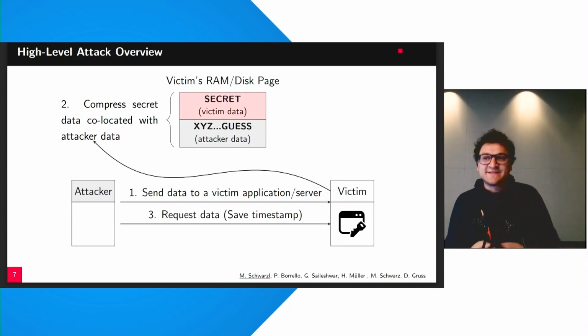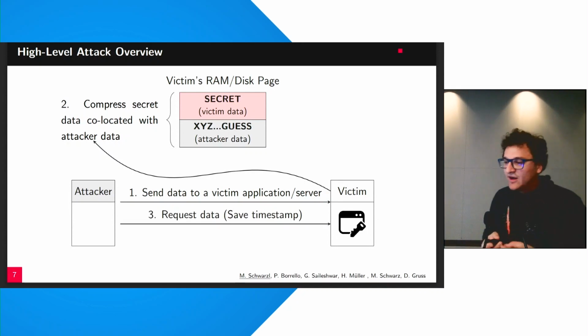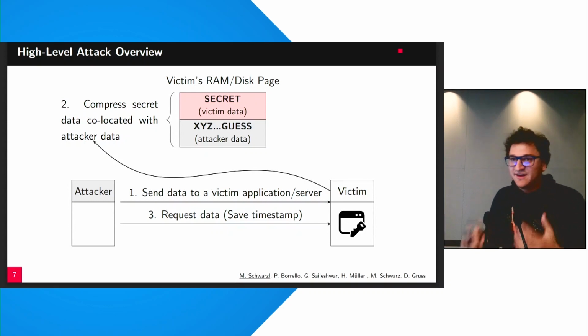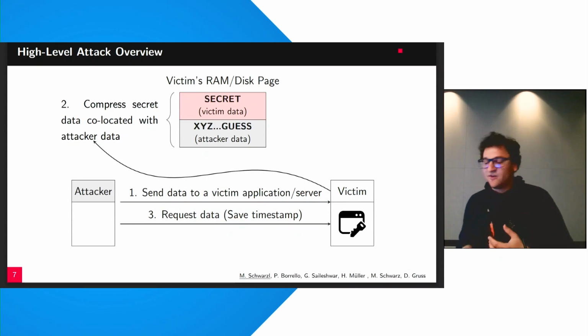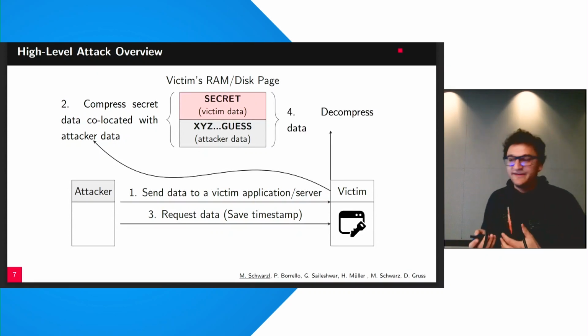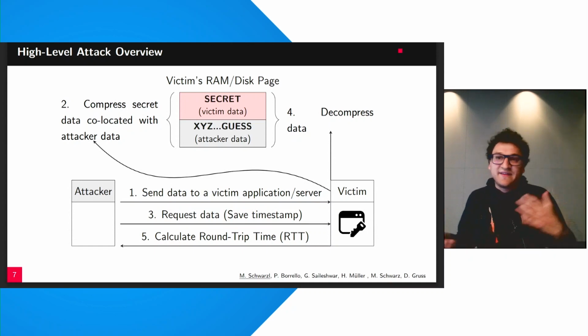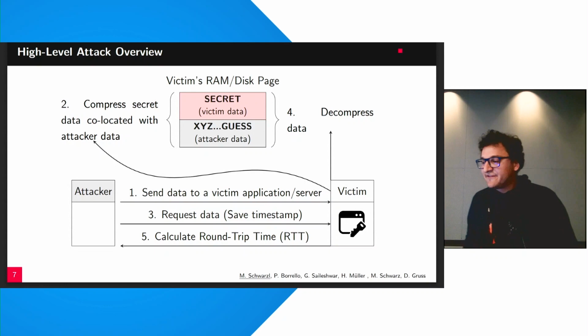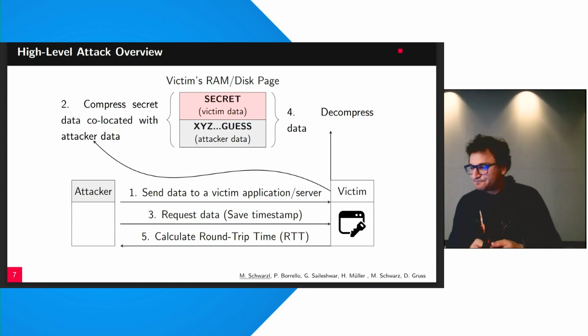In the next step, to make it exploitable remotely, the attacker needs some primitive that allows them to fetch the data, so request their own data, which causes a decompression of this data. The attacker then uses the round trip time to infer whether a guess was correct or incorrect.